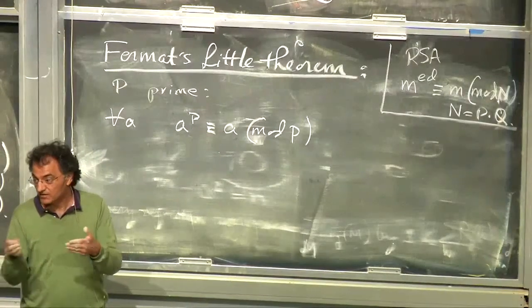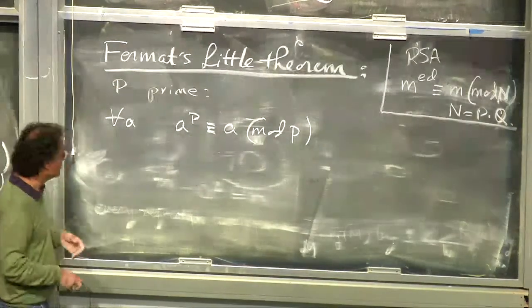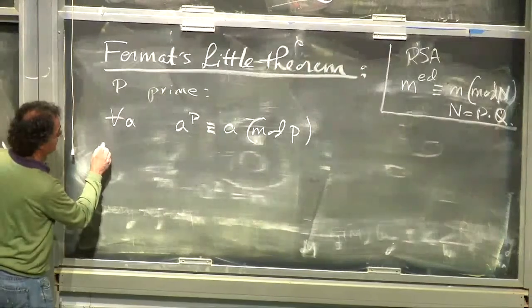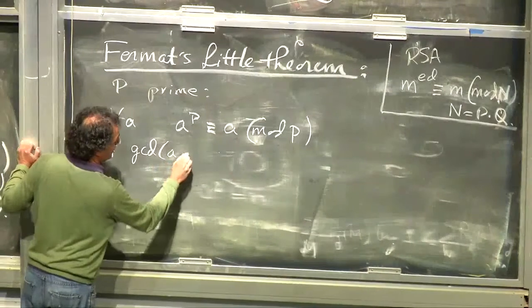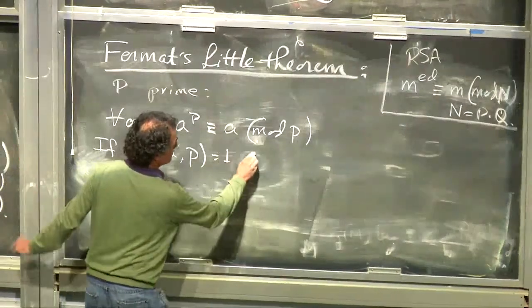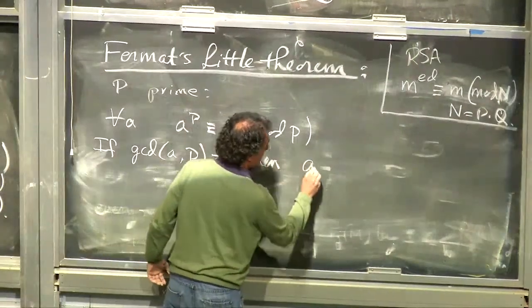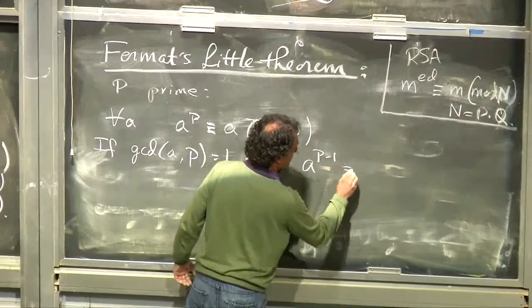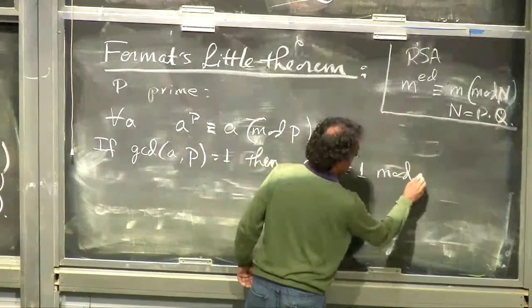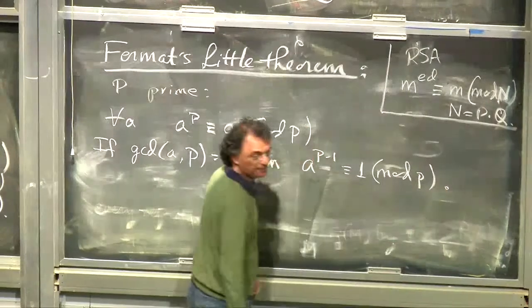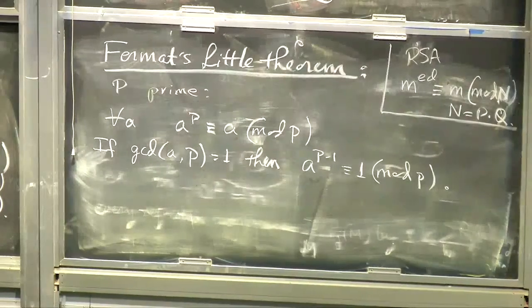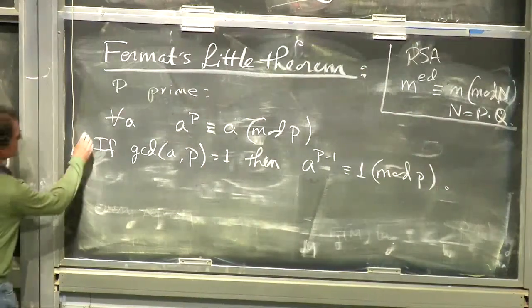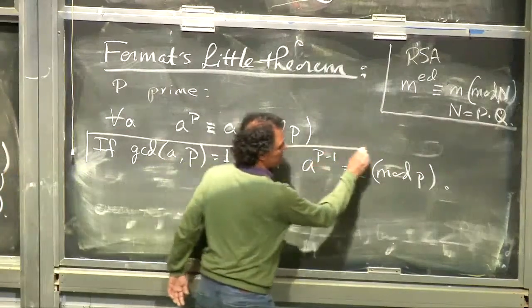It has greatest common divisor 1 with it. So another way of saying this is, if the GCD of a and p is equal to 1, then a raised to the power of p minus 1 is 1 mod p. Okay, so that's the form in which we'll actually prove Fermat's little theorem.